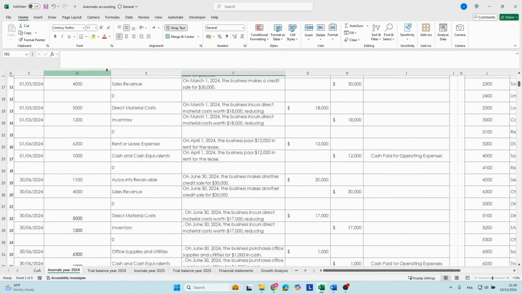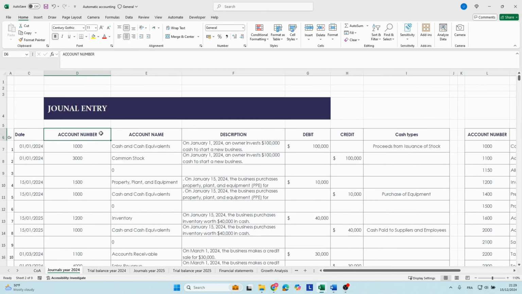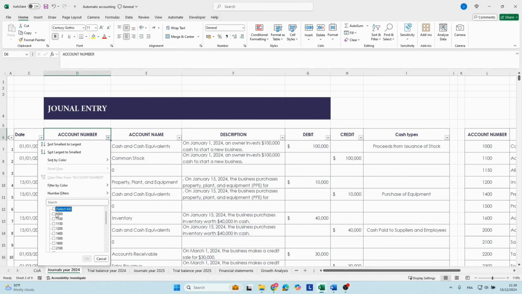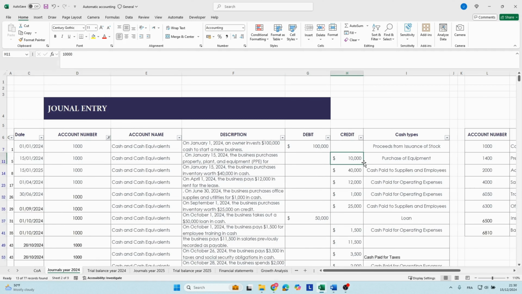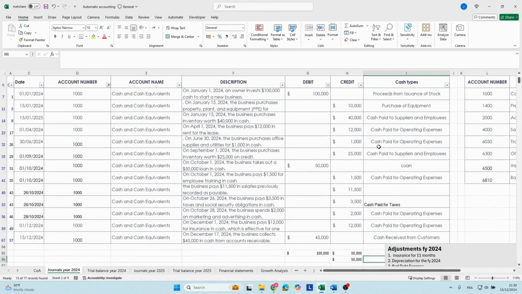We start to make an analysis. So here we can filter, and we check all the transactions related to this account. You see that we have some accounts where we haven't used the cash type.